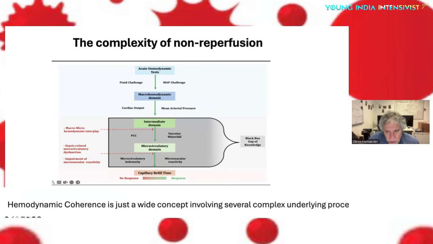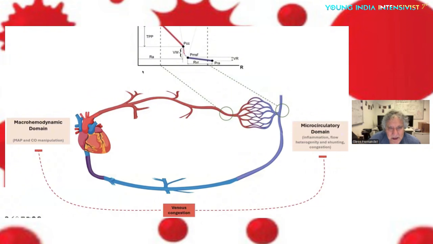But we now know that there are other possible explanations, essentially an imbalance in this response, meaning that some patients improve MAP, but they decrease the pressure at the entrance of the microcirculation, the precapillary sphincter, as we called it before.